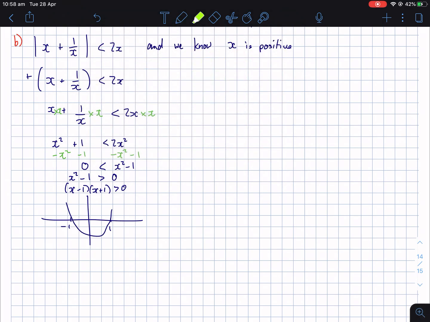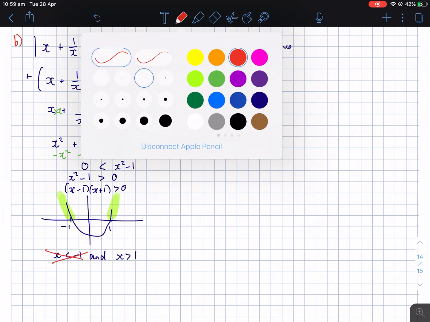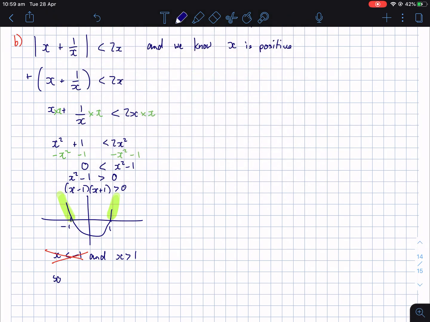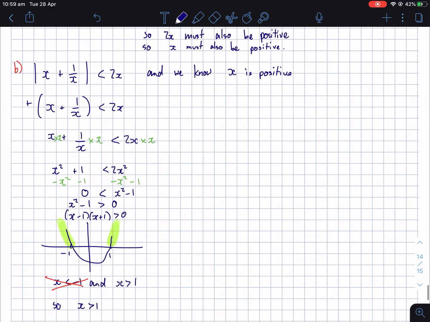And that's greater than 0 here and here. So x is less than negative 1 and x is greater than 1. But x is always positive, so x is greater than 1. Yeah. That's it. That wasn't too hard.